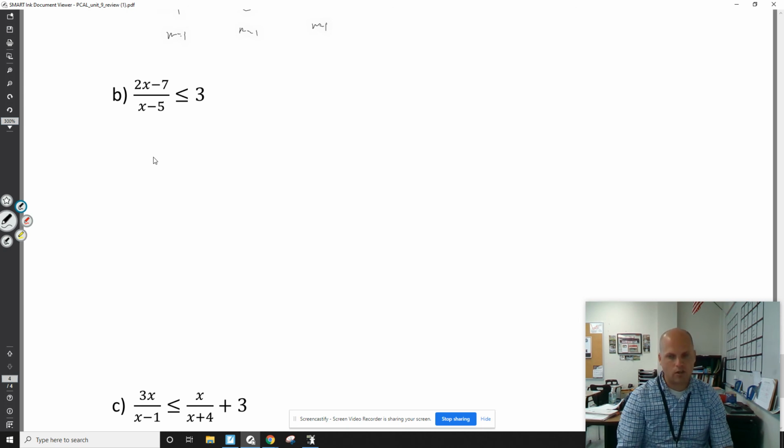So since it's an inequality, get everything onto one side. I know a lot of us, our instincts are to multiply by x minus 5. Don't do it. It will remove 5 as a solution if you do that. So instead, we subtract the 3 from both sides.